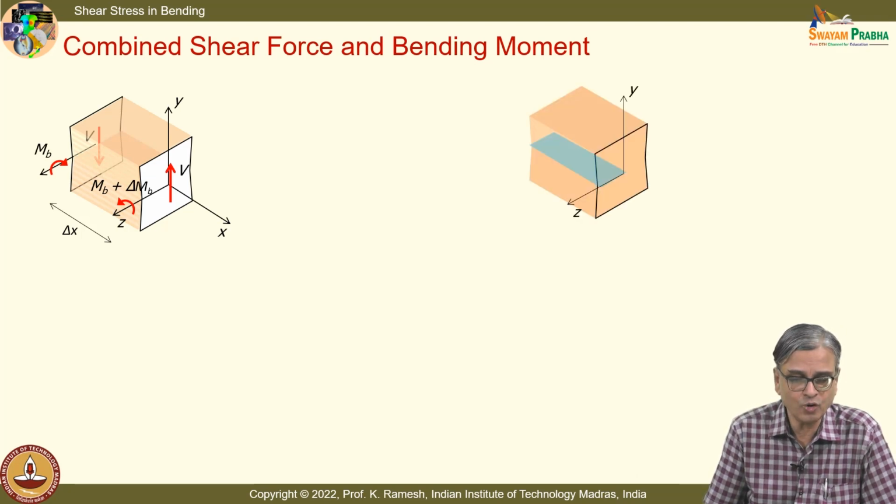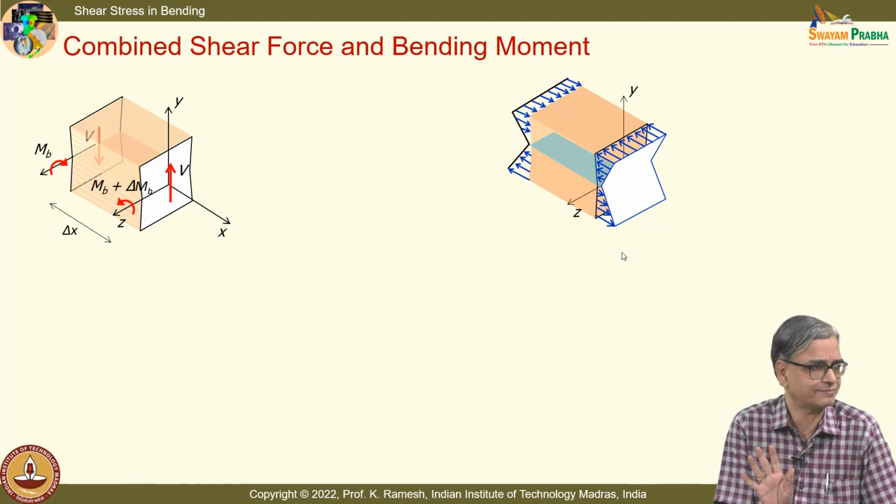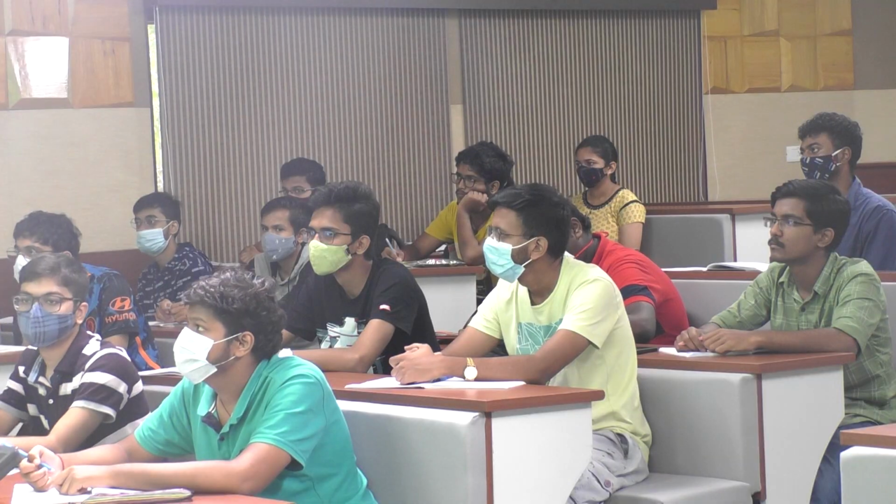So, if I go and plot what happens on the two surfaces, we know that it is varying linearly, and as the bending moment has increased, so to say, if we take this as an increase, I would have larger stresses acting on this edge, incrementally larger. Is the idea clear?